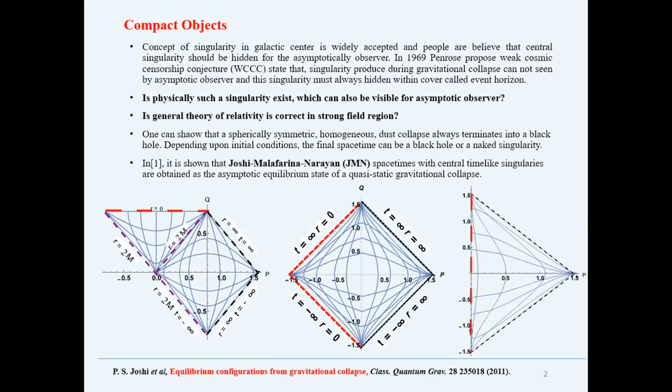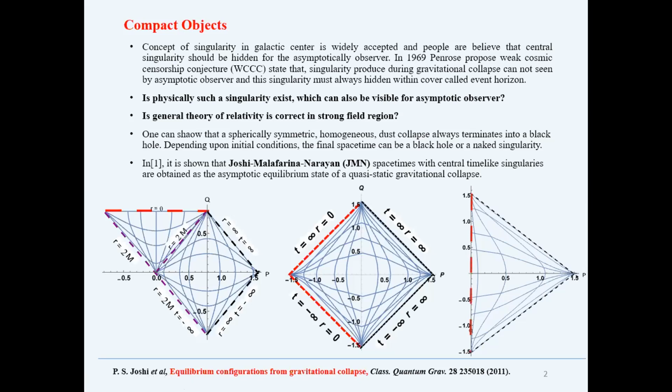In gravitational collapse, a spherically symmetric homogeneous dust collapse always terminates in a black hole. But depending upon the initial conditions, the final spacetime can be a black hole or a naked singularity. One of the best examples is given in the paper Equilibrium Configuration from Gravitational Collapse.